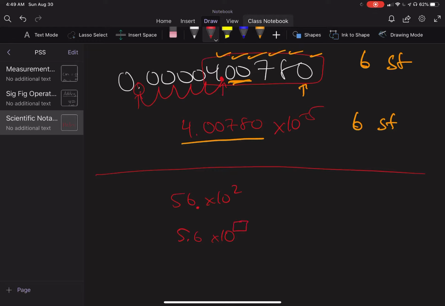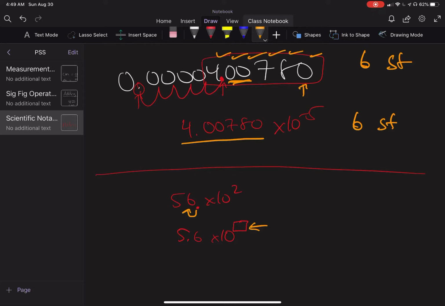And we want to figure out what that new something is. It's not going to be 2 anymore, it's going to be something else. Now, to go from 56 to 5.6, we have to move the decimal point 1 spot. So this is either going to go down to a 1 or up to a 3, but this is my hint on how to figure out what you do.